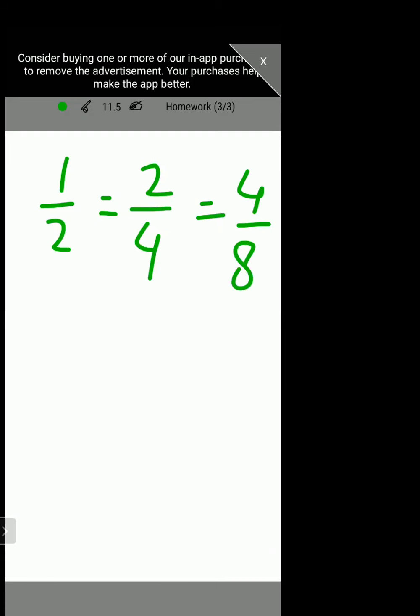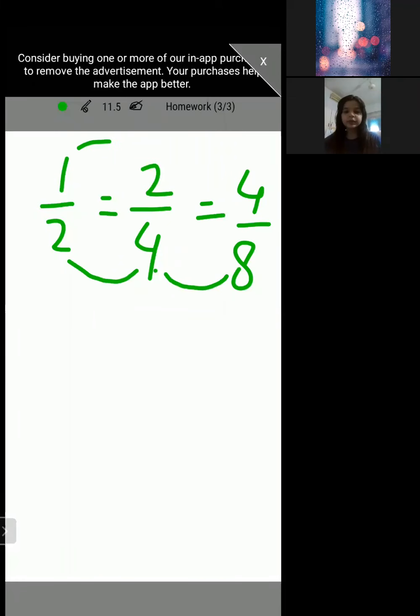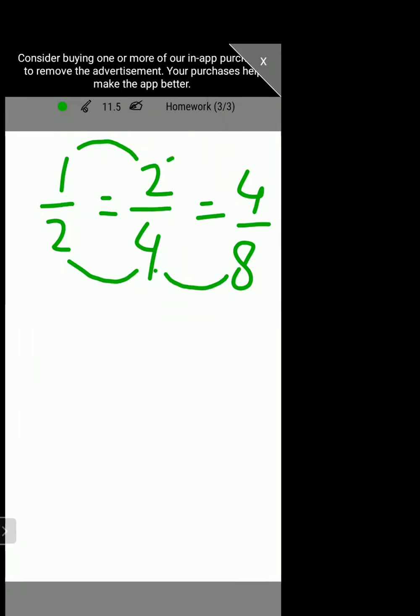Now if you see all of the denominators here, 2, then 4, then 8, you can see that there is a pattern of numbers over here, 2, 4, 8, and we are making twice of the previous number. First number is 2, twice of 2 is 4, then twice of 4 is 8.